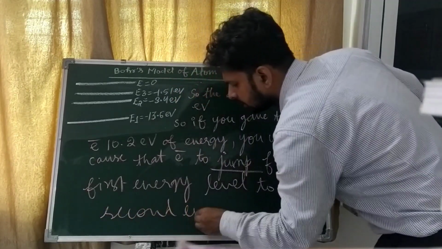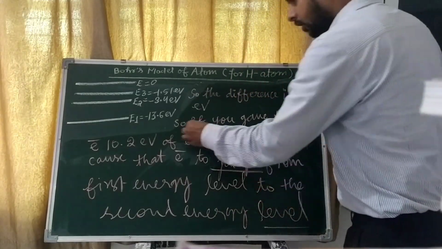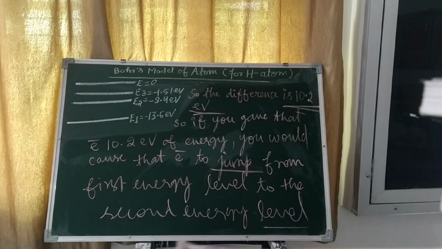How much? 10.2 electron volt. Remember the unit.